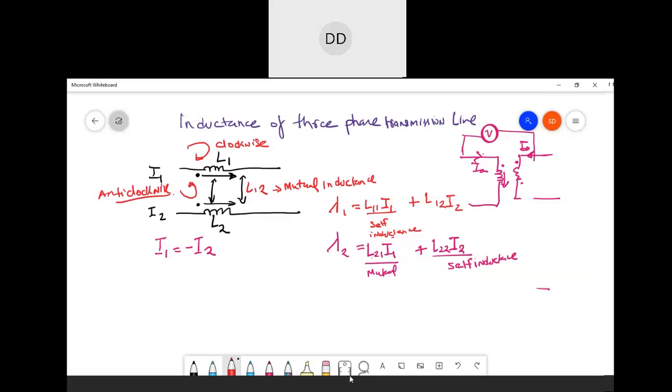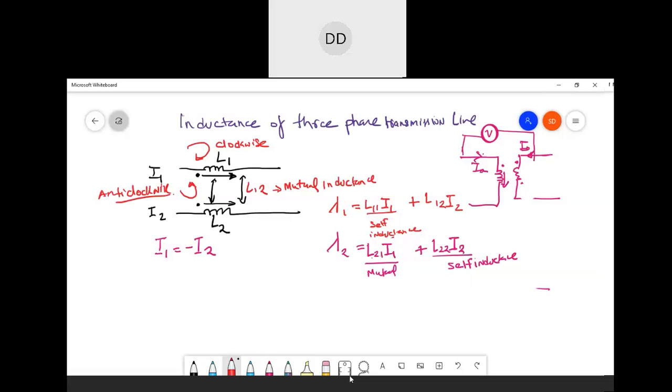So this is a very vital part here. Now we can replace I1 with I2 or I2 with I1, whichever way you want, and you can safely write an equation for this particular term and compare it with the earlier equations we have derived.